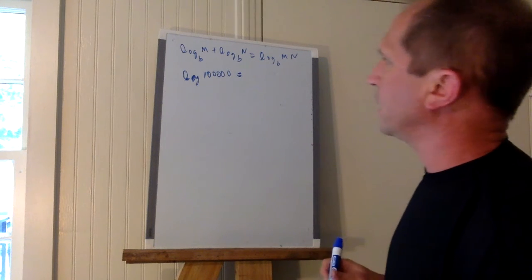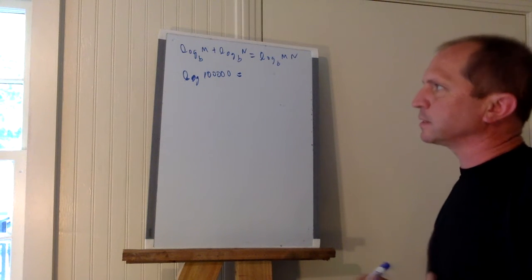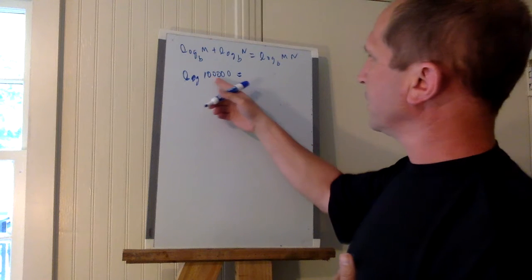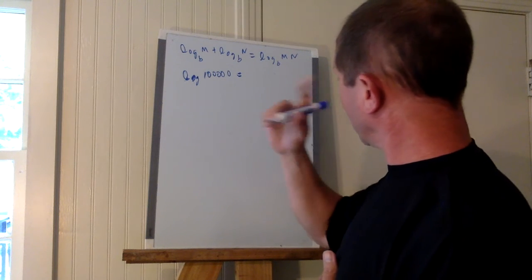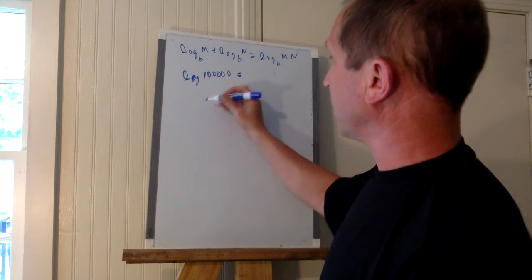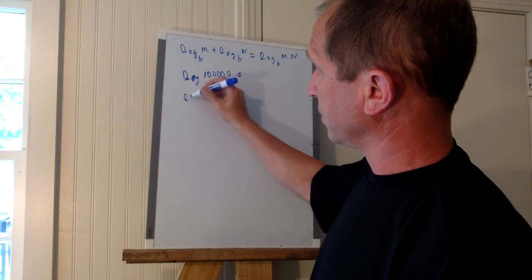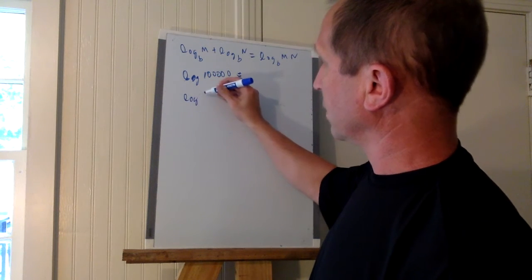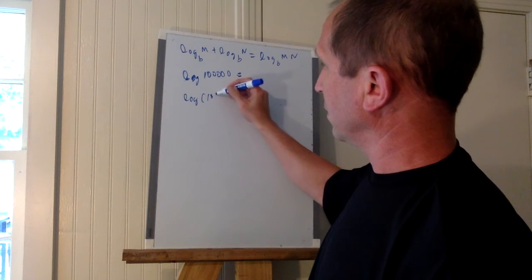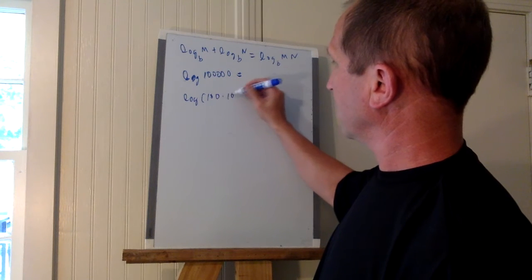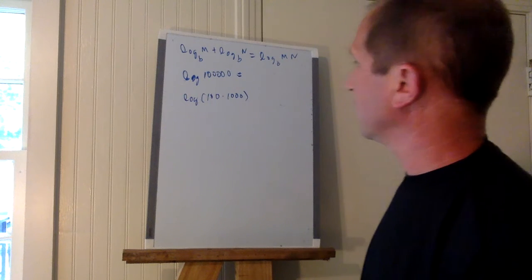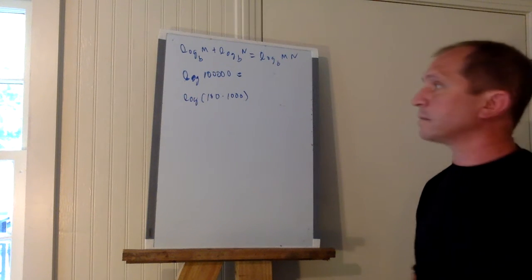What do we know here? Well, this is a million, and a million you could think about as being 100 times 1,000.